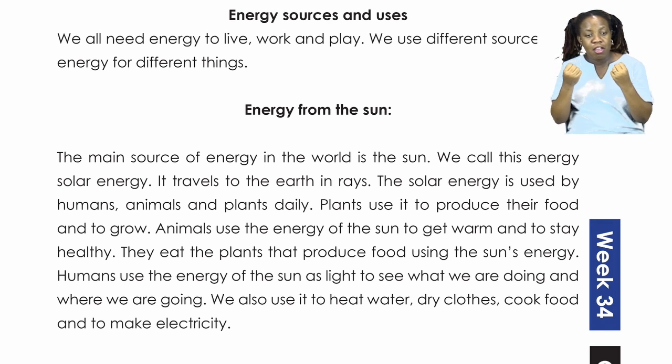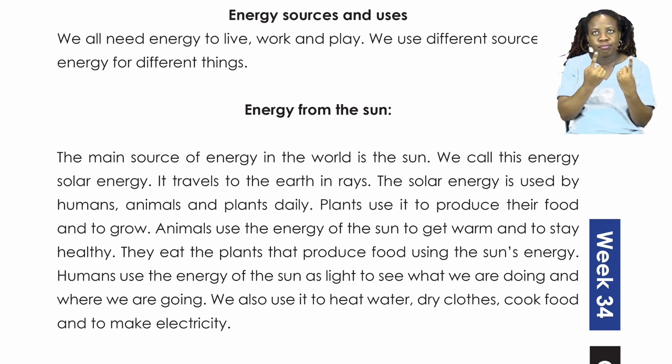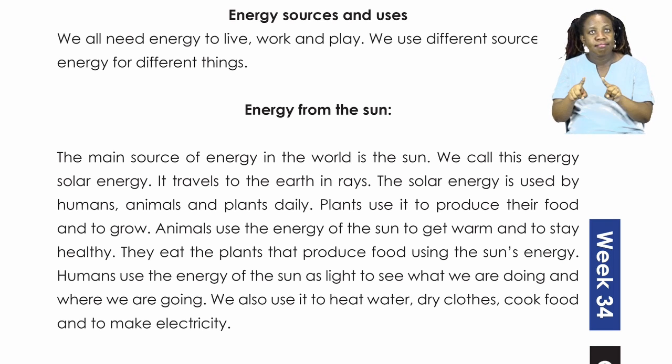And we use different sources of energy for different things. In the next part it says, energy from the sun. The main source of energy in the world is the sun. We call this energy solar energy. It travels to the earth in rays.